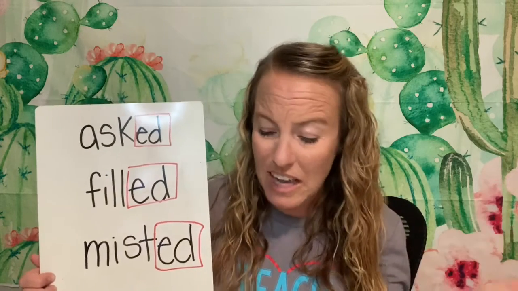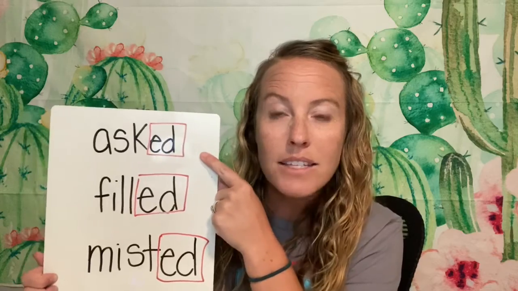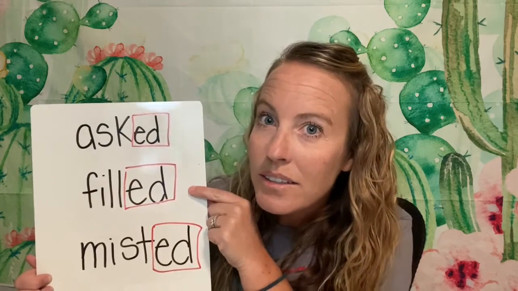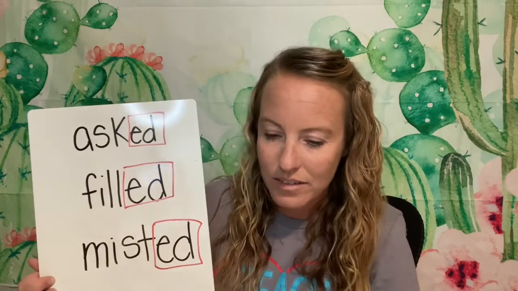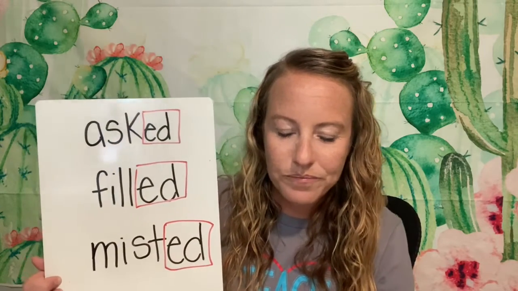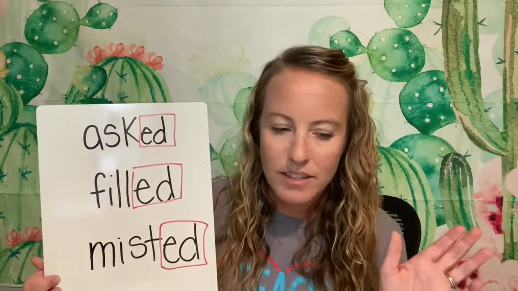How many sounds does the suffix ed make? You're right, it makes 3 different sounds because asked, filled, misted, ed. Do you hear it? So it makes the t, d, and ed sound.